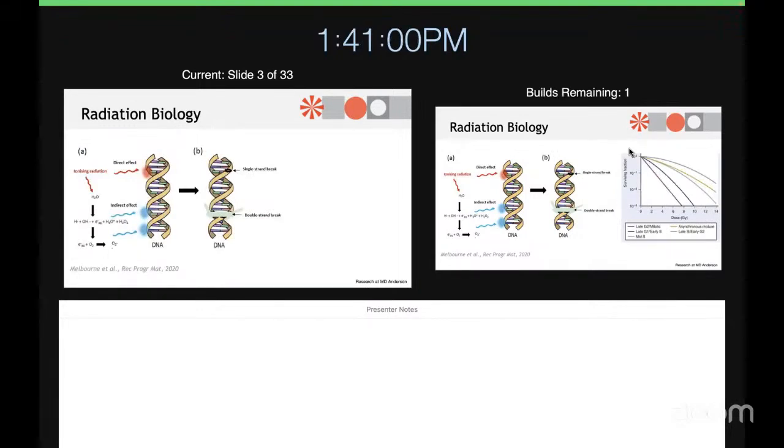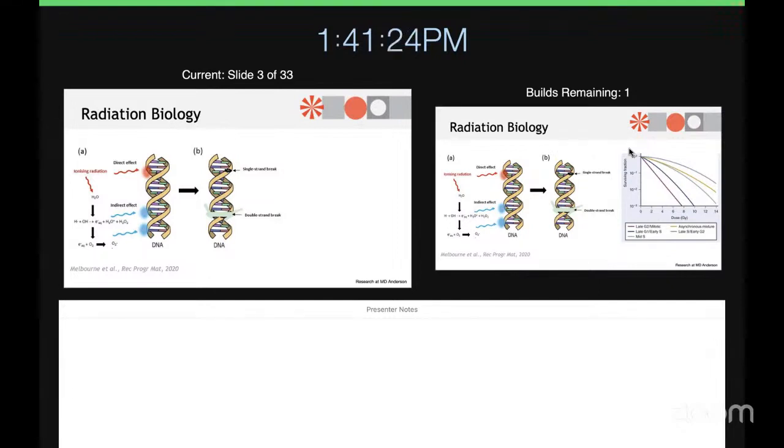Radiation causes DNA damage. It's high energy that is shot into the body. As this energy slows down, as these photons slow down, they release energy. They can cause direct damage to the DNA, or they can create reactive oxygen species, and then those harm the DNA. There's 2 kinds of breaks. A single strand break, very easy to repair.